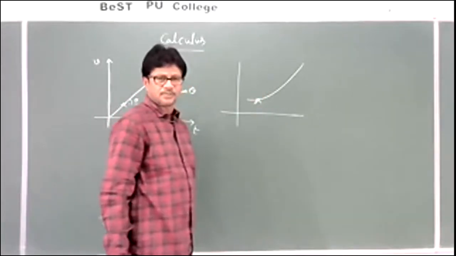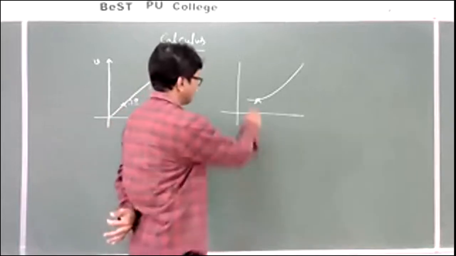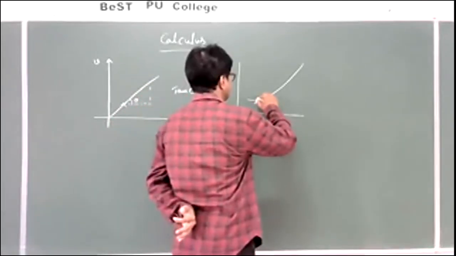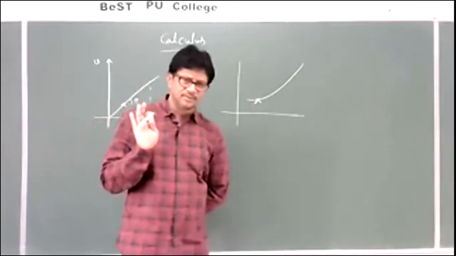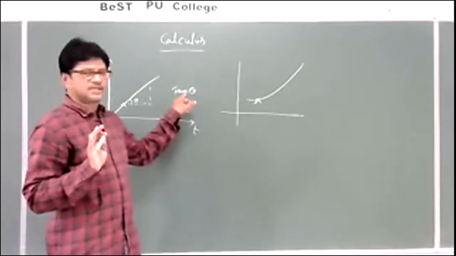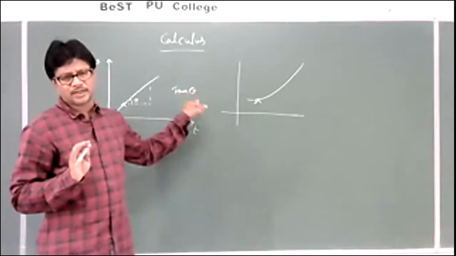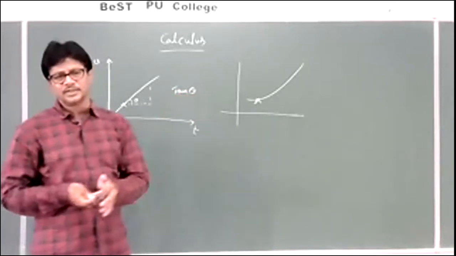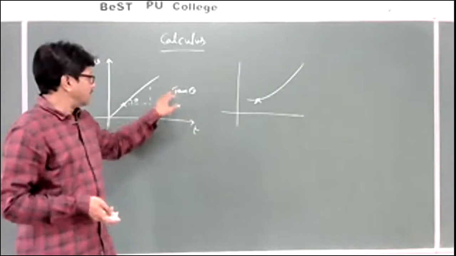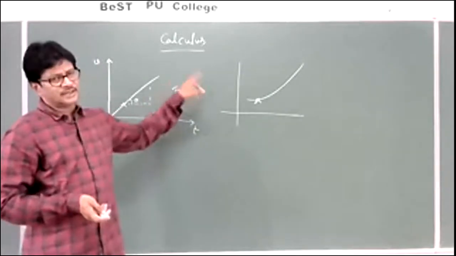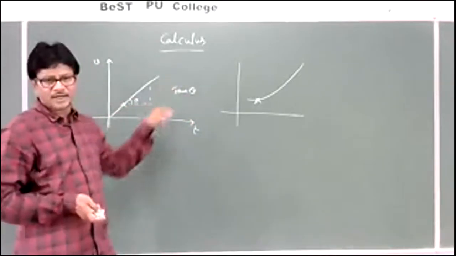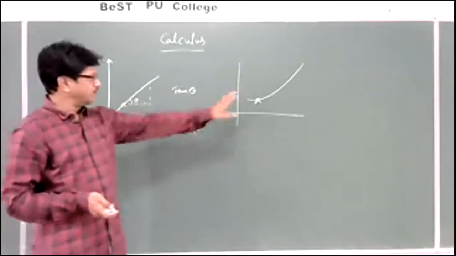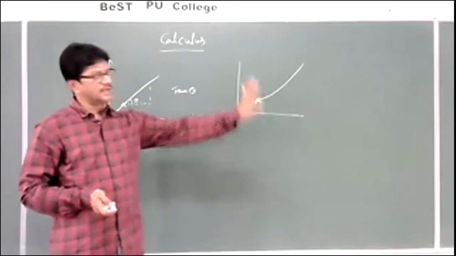I am taking this as the point P. So immediately I need to construct a right angle triangle. There is no doubt on that, because tan theta is the trigonometric function which will give the slope. Whenever you want to make use of either sin theta or cos theta, tan theta, we badly need one right angled triangle.